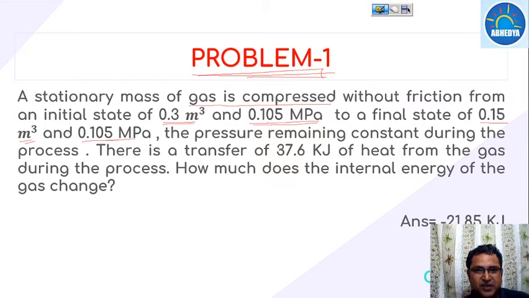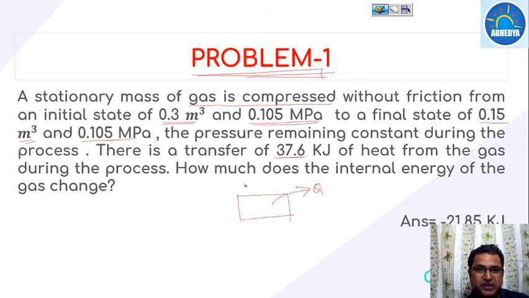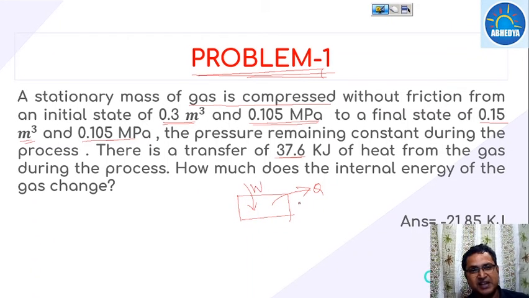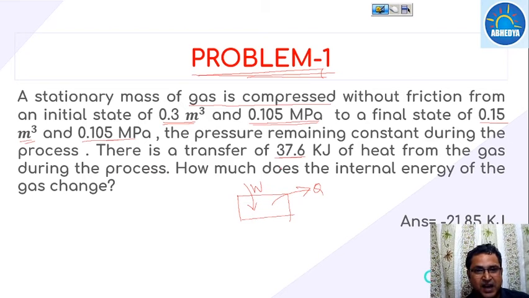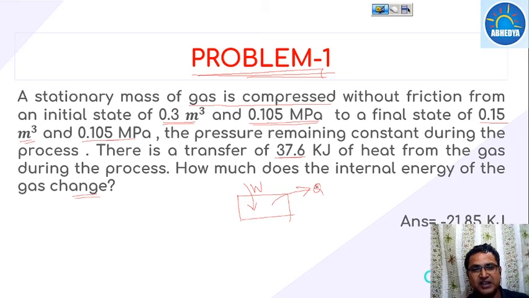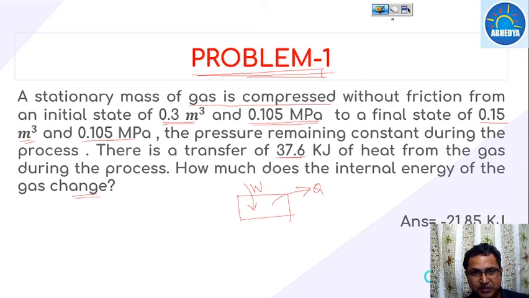There is a transfer of 37.6 kilojoule of heat from the gas during the process, meaning this much heat has been removed from the gas. Suppose this is your system; from the gas, this much heat has been transferred, and since the gas has been compressed, work has been done. The figure is something like this. How much does the internal energy of the gas change? So we have to find out how much the internal energy of the gas has changed.